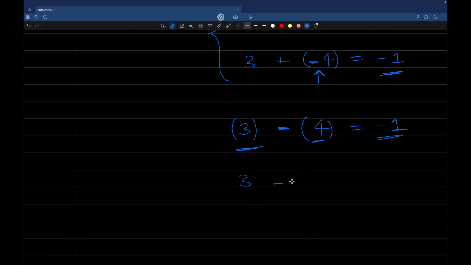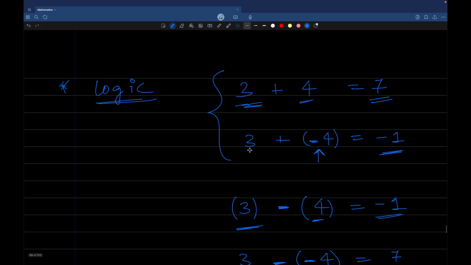And when we take minus 4, we are removing something twice, so we are increasing. You will get 7 here. We are removing twice, so we are adding. The first removal is removing, and the second removal is the same as adding. This is the logic behind these questions.